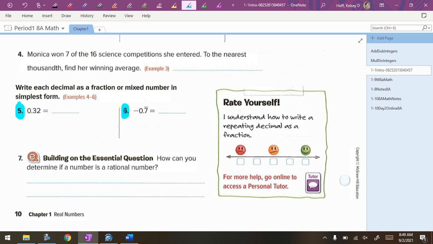Okay. So go back. Look what we did on these two problems. When did we put it over tens and 100 versus when we put it over a 9?